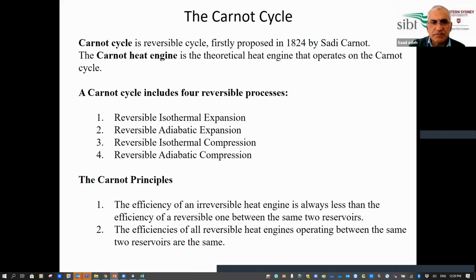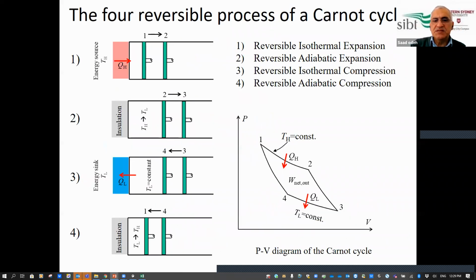Don't have to worry too much, but just to give you an idea about what we mean by Carnot cycle. And this is how it looks on a PV diagram.